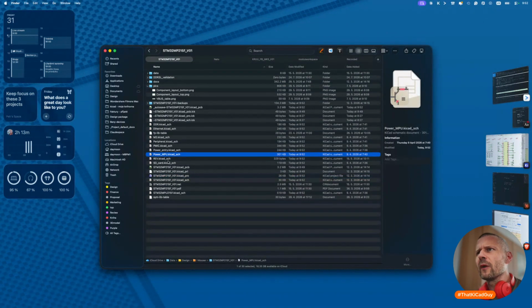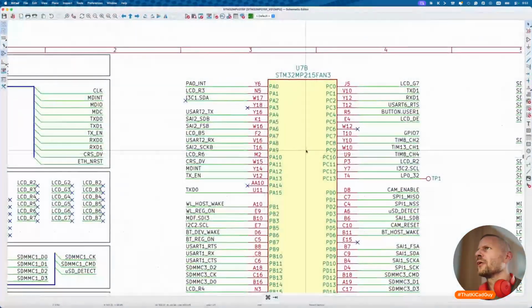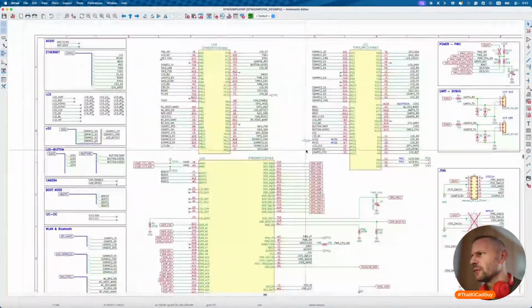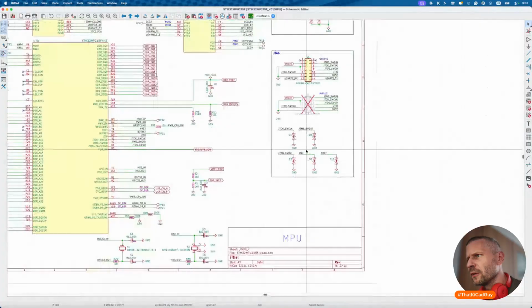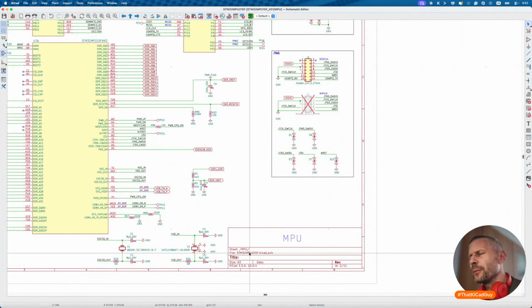Our MPU, where's the MPU sheet? Am I blind? What's happening right now? What's going on? Tell me, what's going on? Sheet MPU.